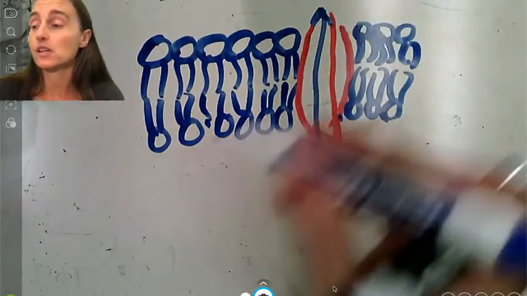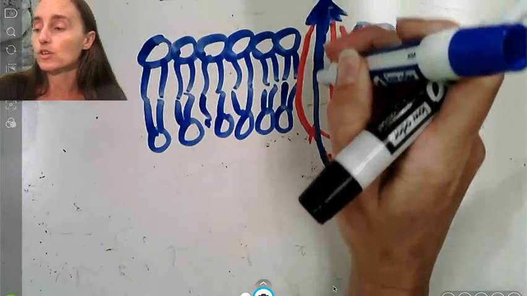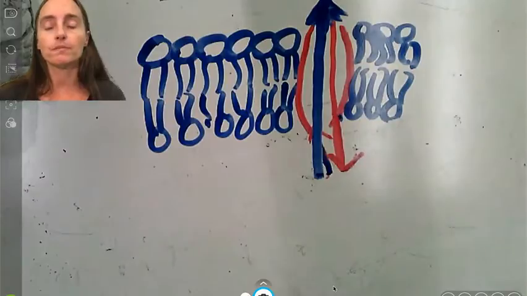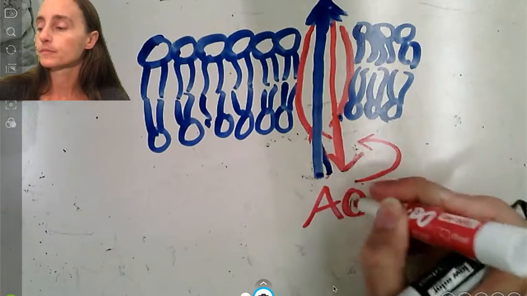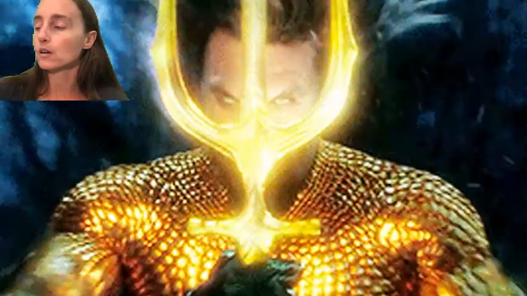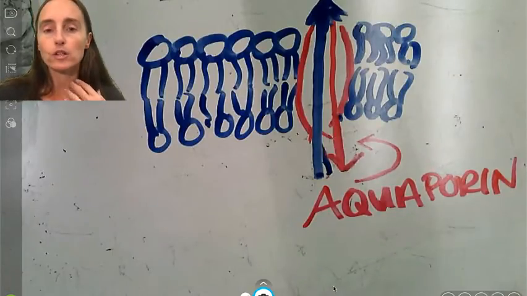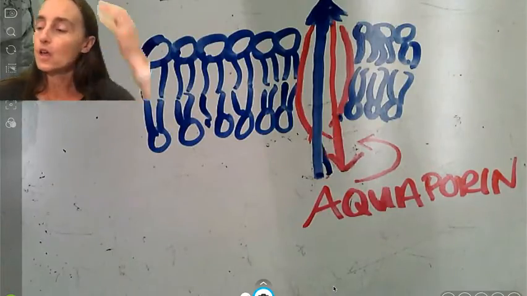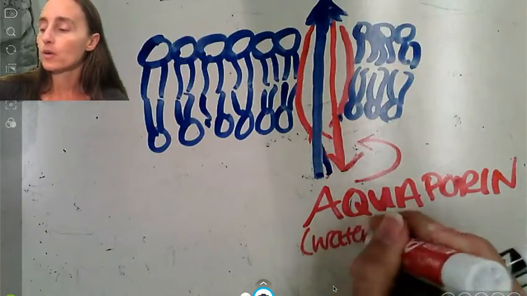Water doesn't get any special privileges like going against the grain or against the concentration gradient. But water moves through a special protein called aquaporin. Aqua means water. And then you can kind of imagine that porin talks about pores, like a hole. So aquaporin is a water channel. So it's a water channel protein.